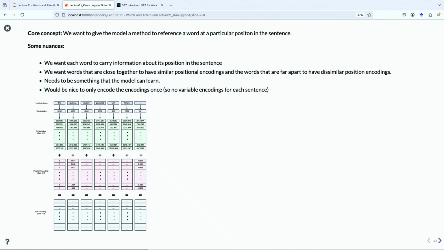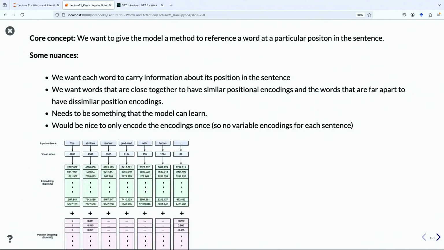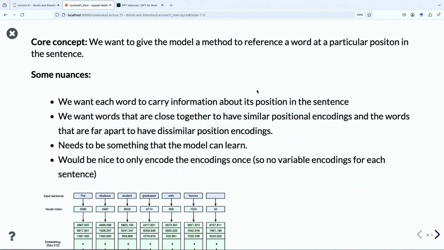Positional encodings exist because we want a method to reference a word at a particular position in the sentence. We want the model to be able to see that this word is in this position.